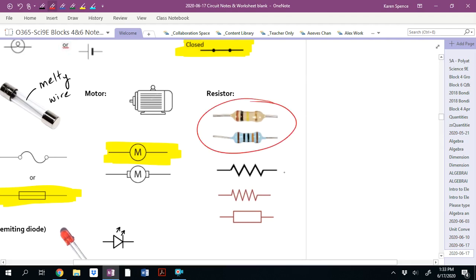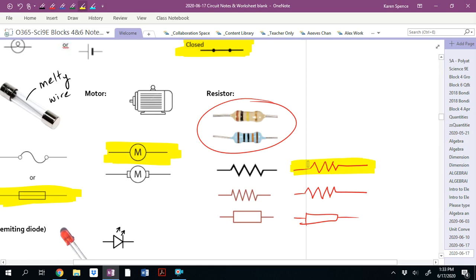Okay, and you can either draw it as a 1 peak, 2 peak, 3 peak, or a 1 peak, 2 peak, 3 peak, 4 peak, or you can draw it like this. I'm really going to recommend, you know me, I'm for the simple. I love the simple. I am going to say, though, in North America, this is the one we use.